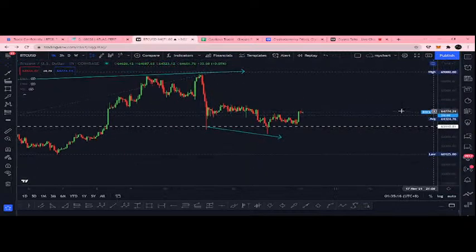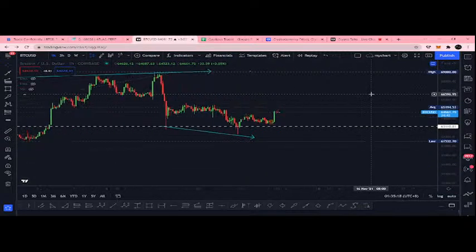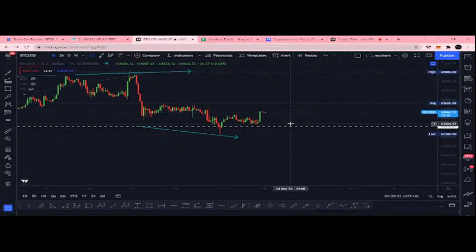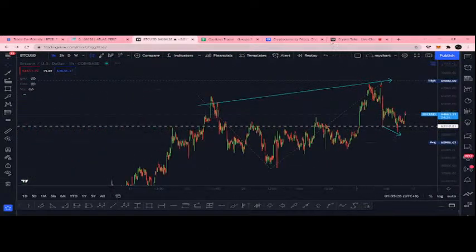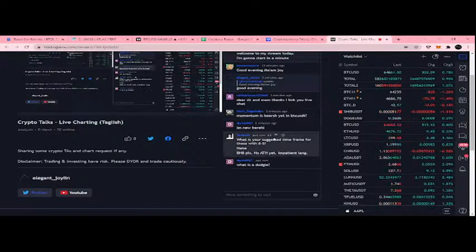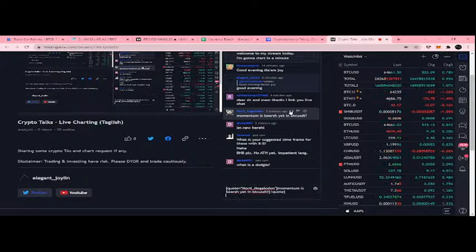So as long as it holds above the 63 or even this doji area, within this 63,400 area, that's my personal opinion. I think it might reverse.